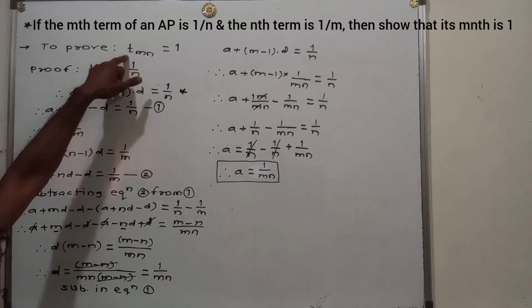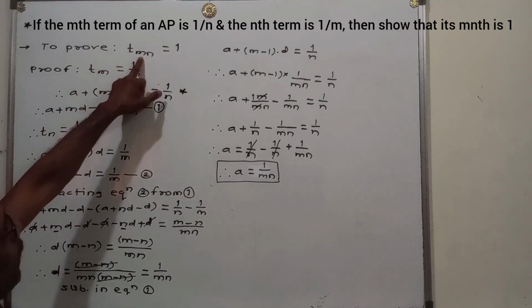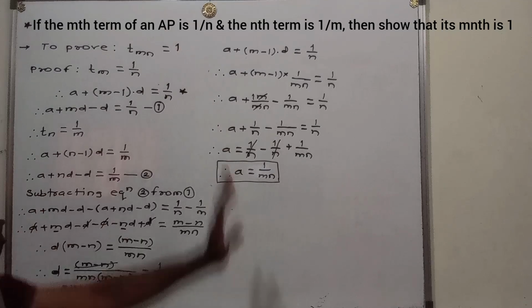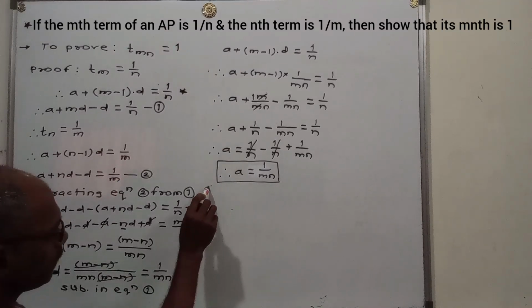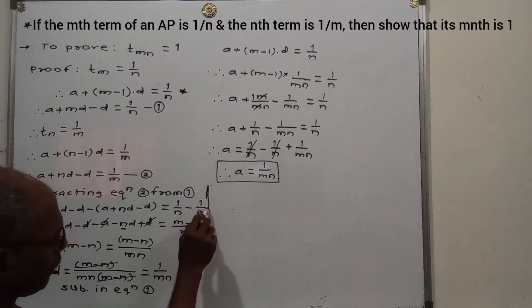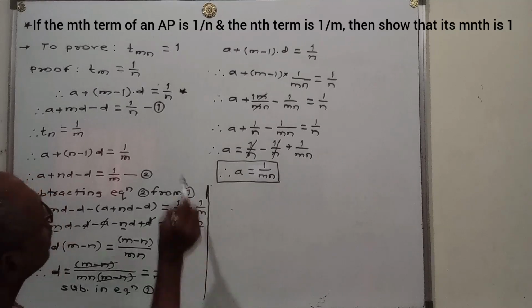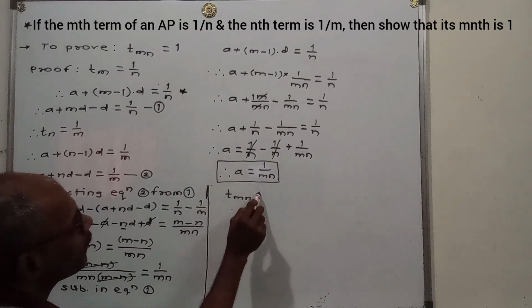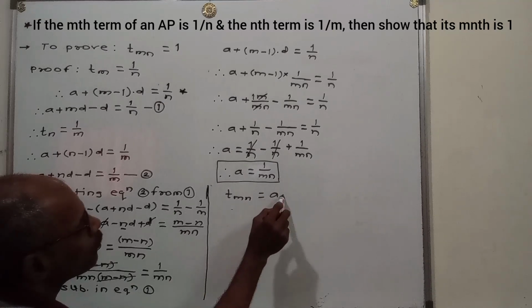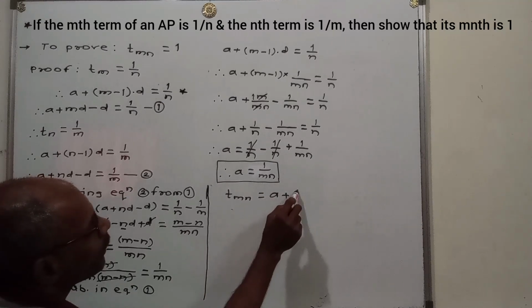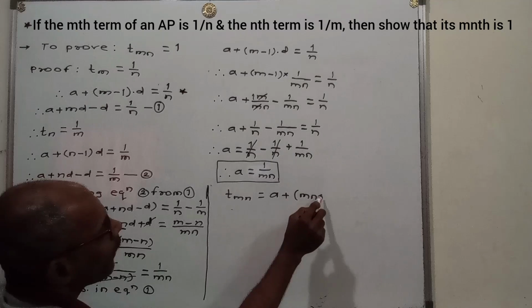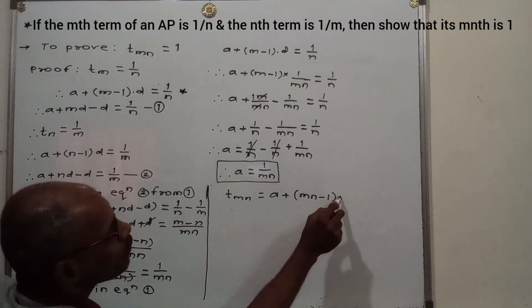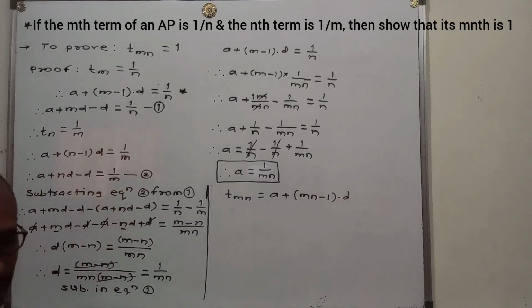Now our question: find, or to prove, the mnth term is 1. See here carefully. We write T_mn is equal to a plus (mn minus 1) into d.